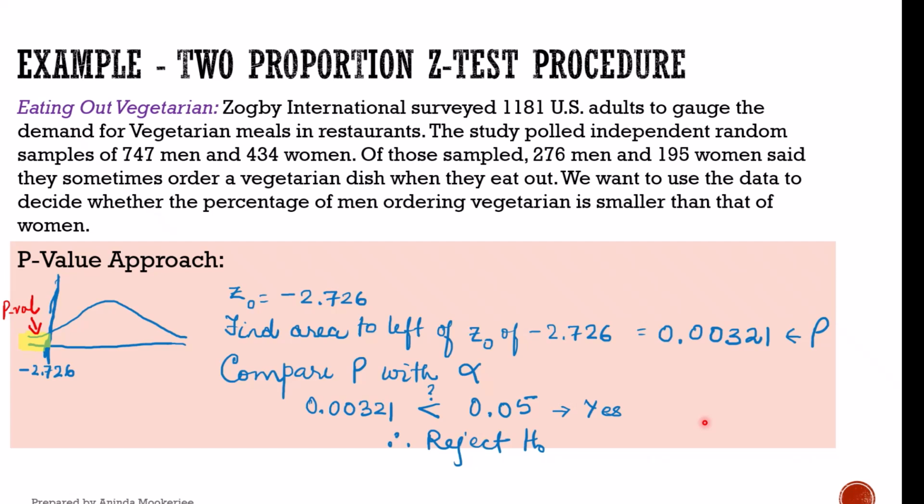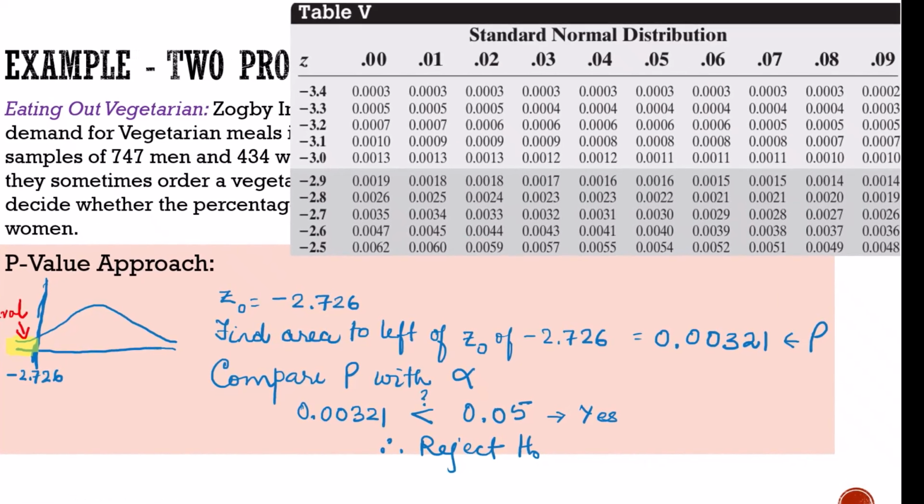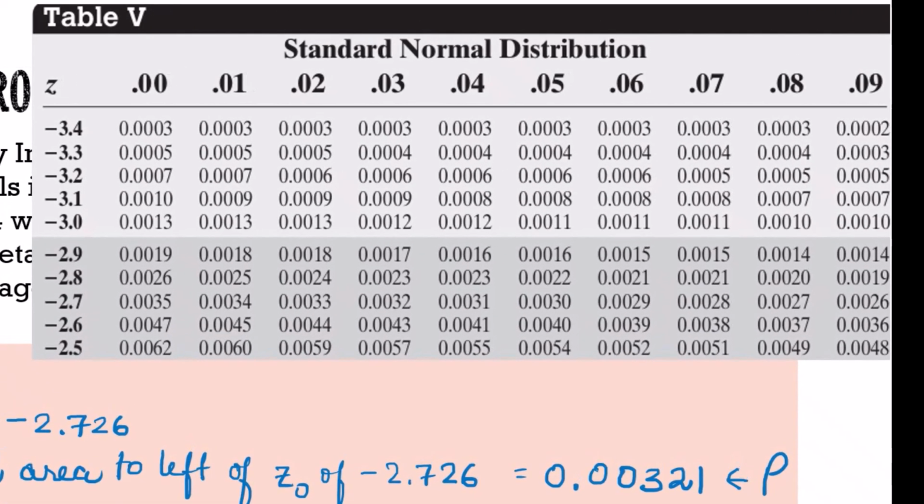But for the z test, for the z distribution, we have a complete table. So I'm going to pull that up and show you how we can find the p-value from the table. So here I have the table. We are going to go to our z column and find negative 2.7.